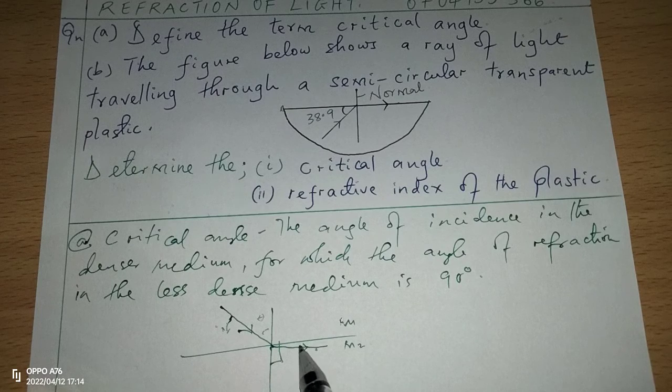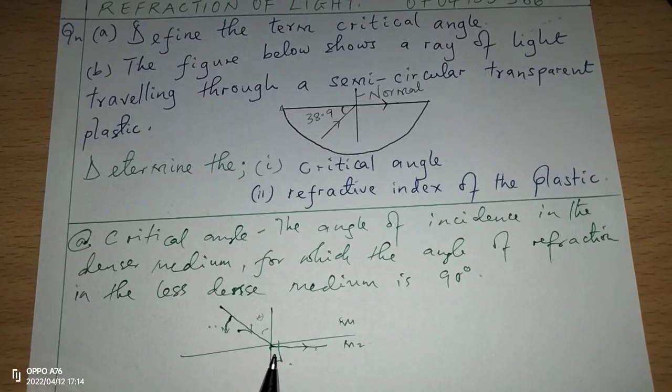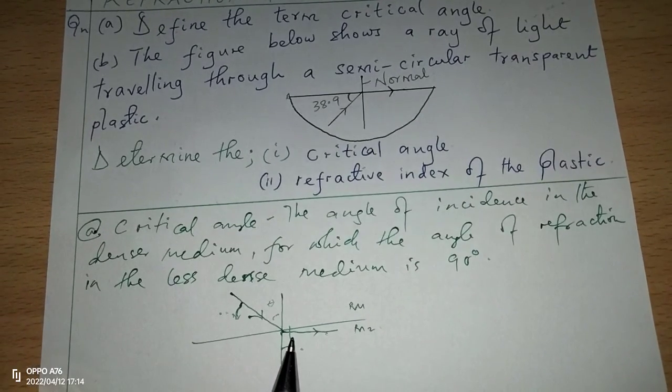And when the angle of refraction becomes 90 in this less dense medium, then the angle of incidence at that point is called the critical angle.